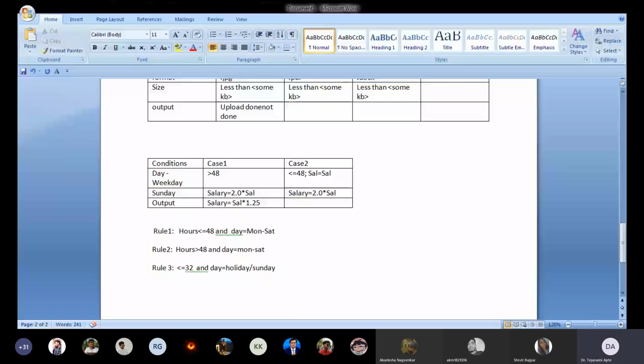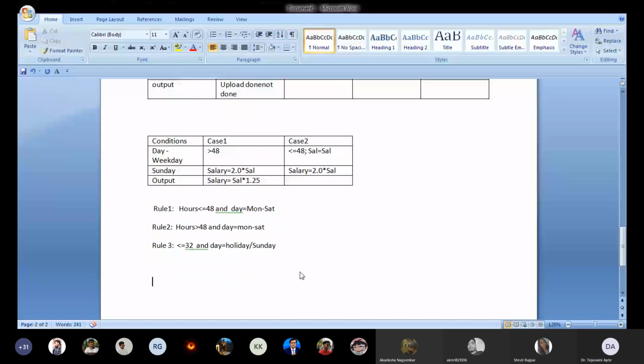So if I go with this document right now, if it is a holiday or Sunday, the salary is going to be salary into, let's say, 2.